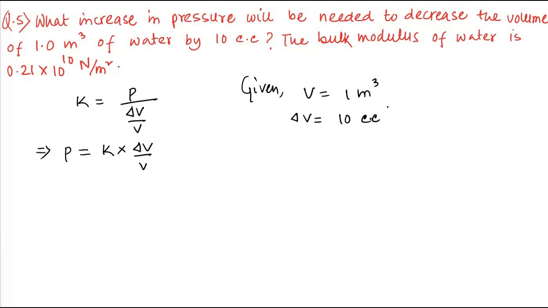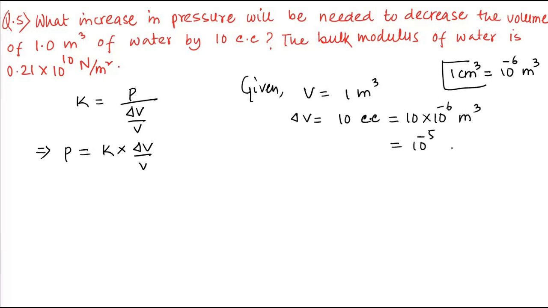Now here we have to convert this cc in meter cube because all the other units are in SI. So we know that 1 centimeter cube is equal to 10 to the power minus 6 meter cube. So here it is 10 into 10 to the power minus 6 meter cube, which is 10 to the power minus 5 meter cube. Then K is given. K is equal to 0.21 into 10 to the power 10 Newton per meter square.